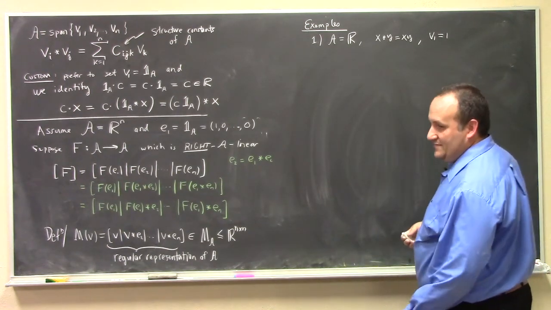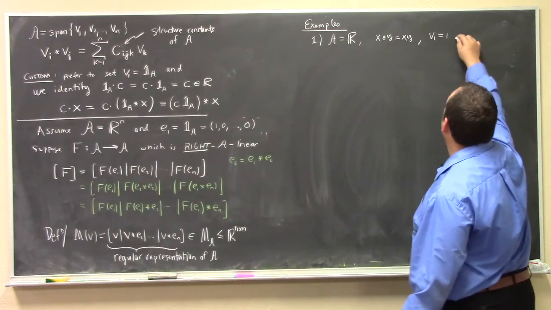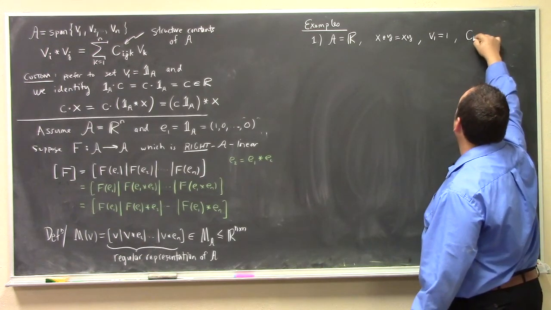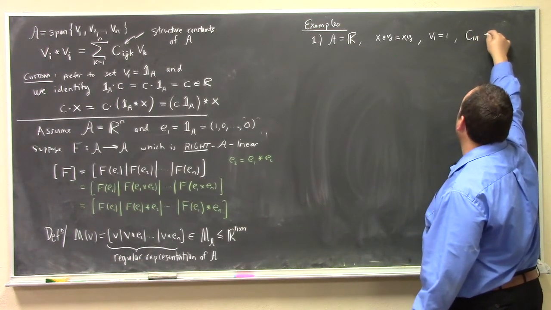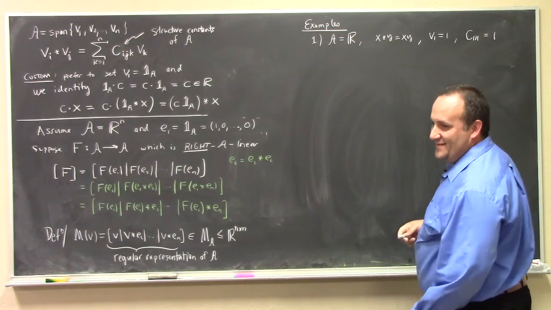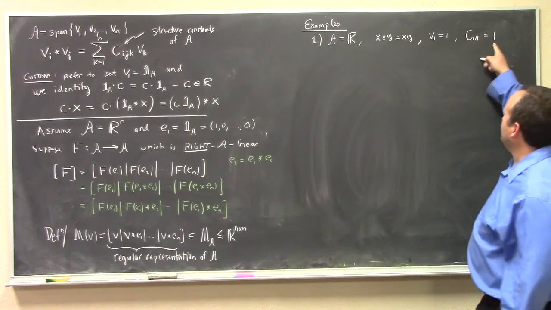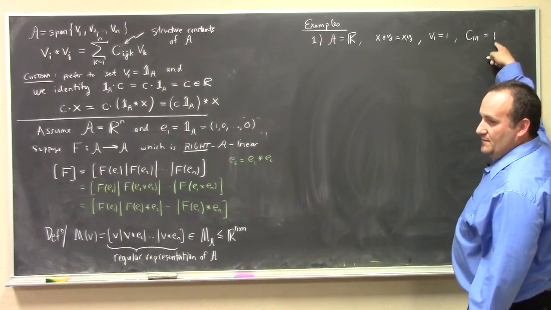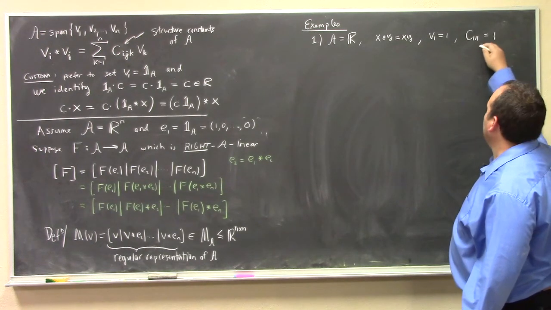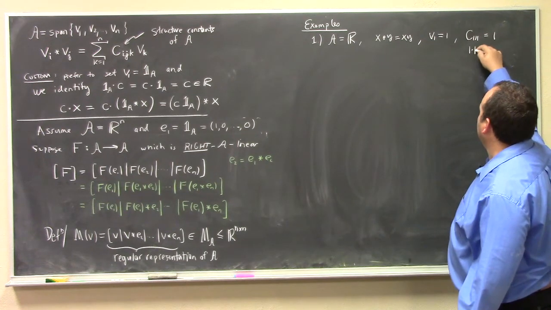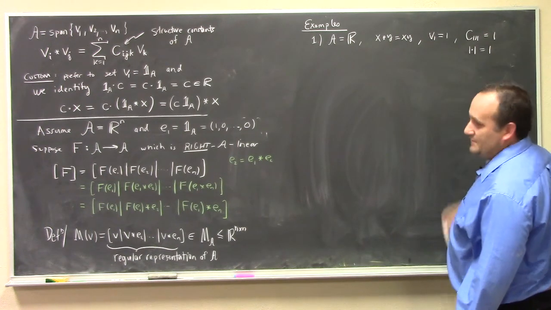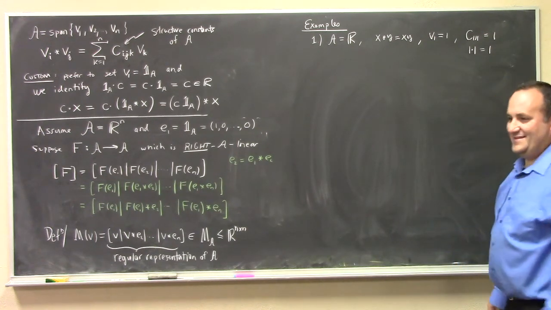And the structure constants, what are they? c_111 is 1. This structure constant being 1 is a sneaky way of saying 1 times 1 is equal to 1. That's what that means.